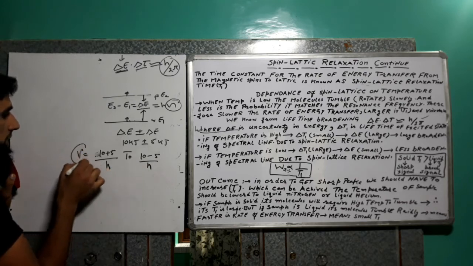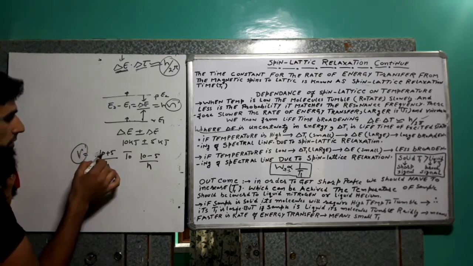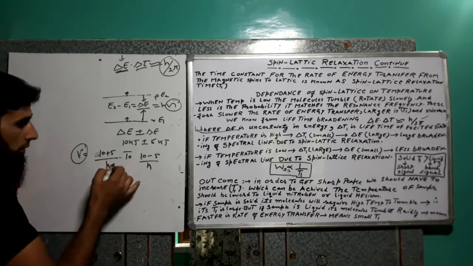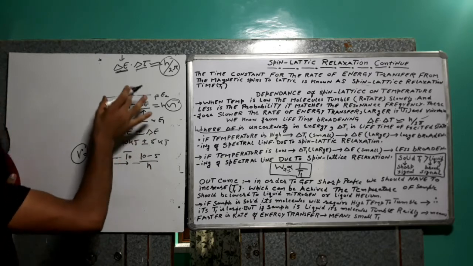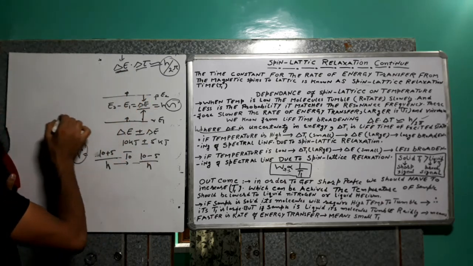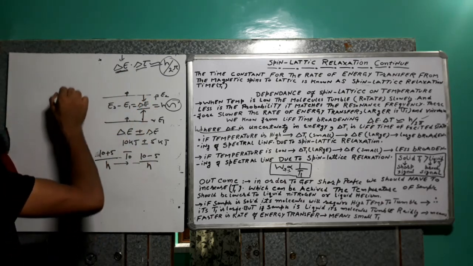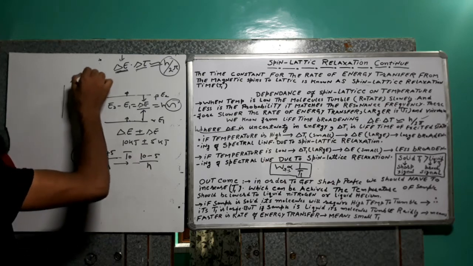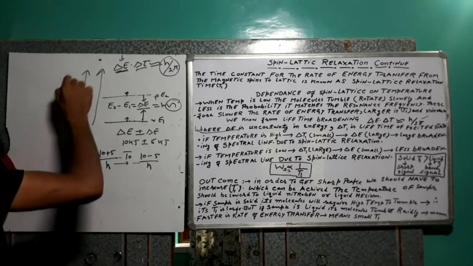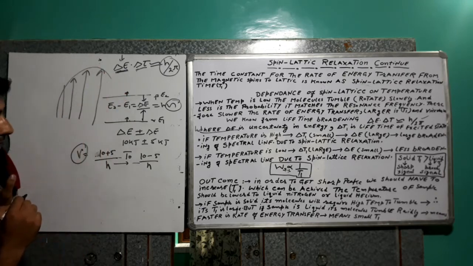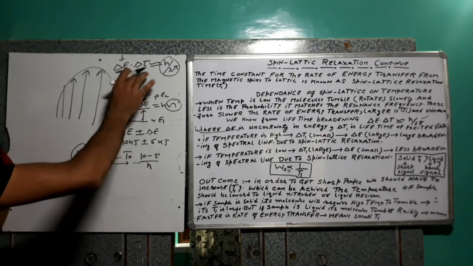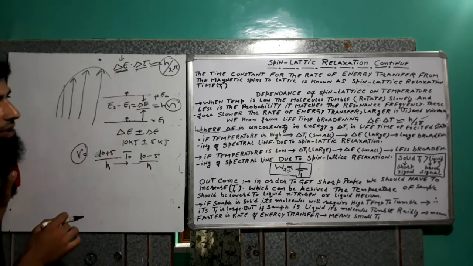That means a range of frequencies from this value to this value is absorbed. So we will not get a sharp peak, we get a broad peak like this, because there is a range of uncertainties. This is the meaning of this relation.